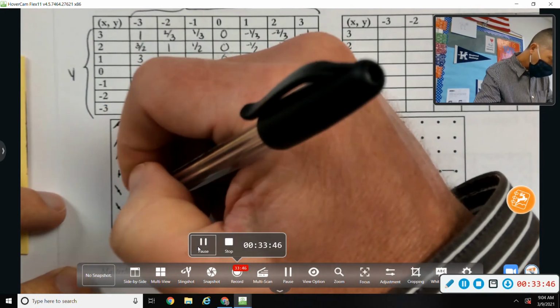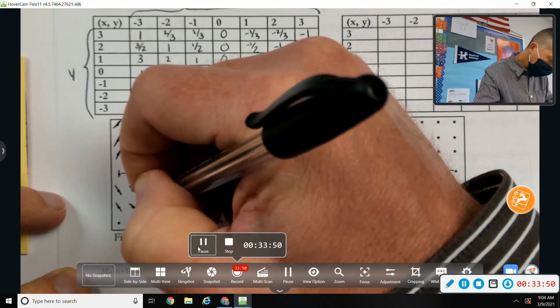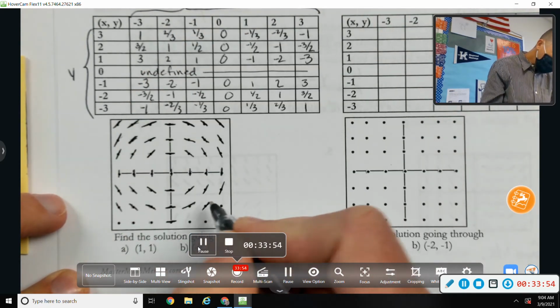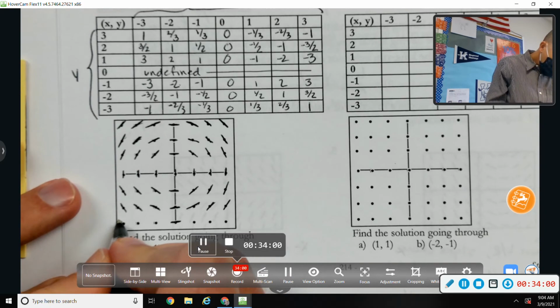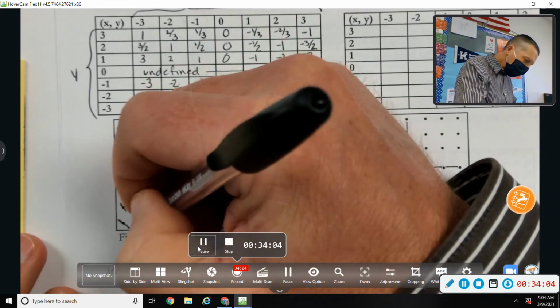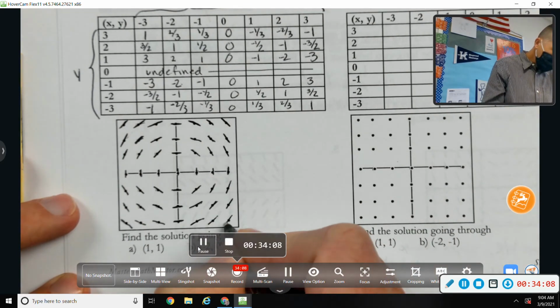Negative 3/2, negative 1, negative 1/2, 1/2, 1, 1.5, negative 1, negative 2/3, negative 1/3, 1/3, 2/3, 1.